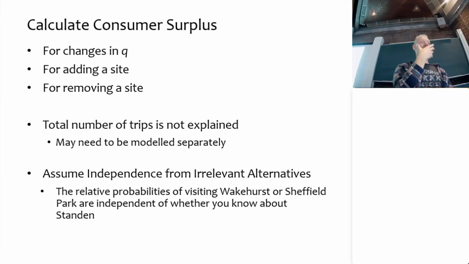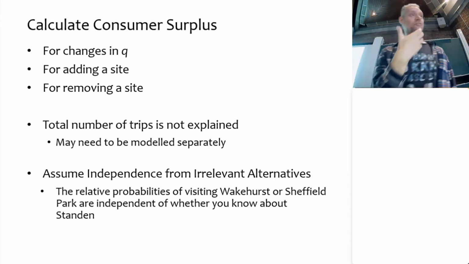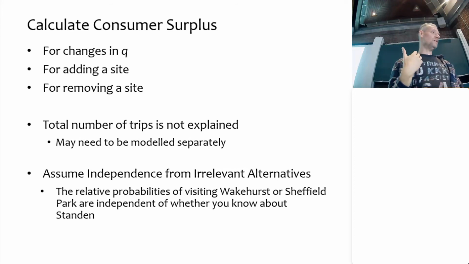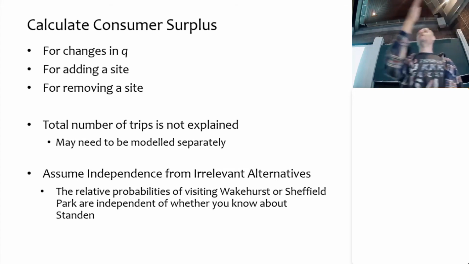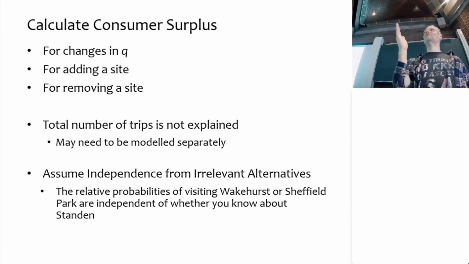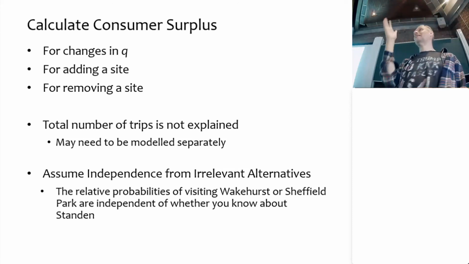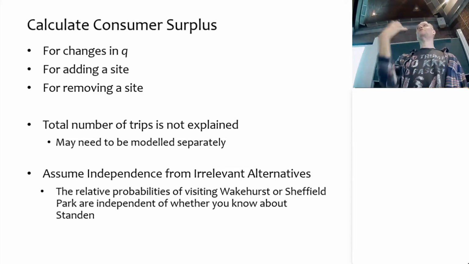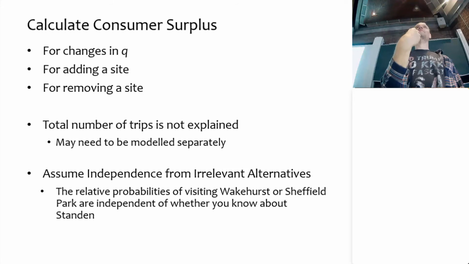The assumption of independence of irrelevant alternatives that is baked into this conditional logit is that the relative probability of going to Preston rather than Stanmer is independent of whether or not you know about the other alternatives, right?